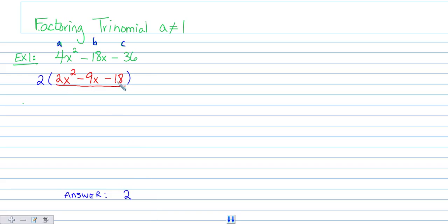Anytime you see a trinomial and you've tried to take out the GCF, you need to think X or X box. Okay, so you're going to draw an X. But then, since we have a coefficient, you're going to want to draw the box. And trinomials always factor into a 2 by 2 thing.